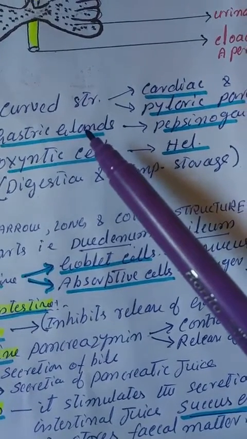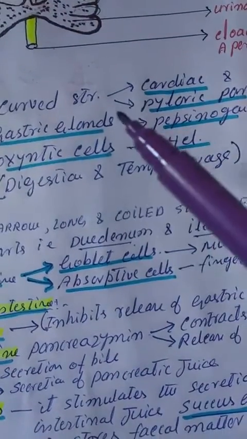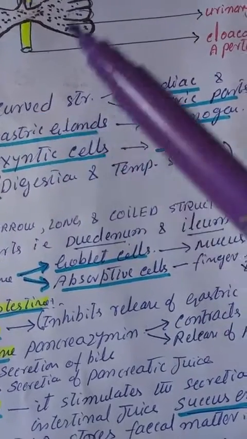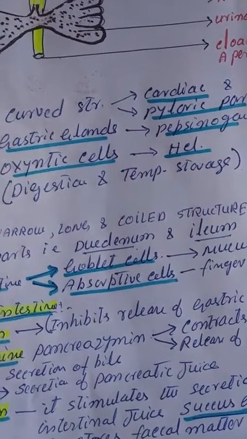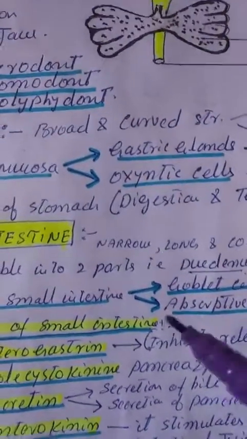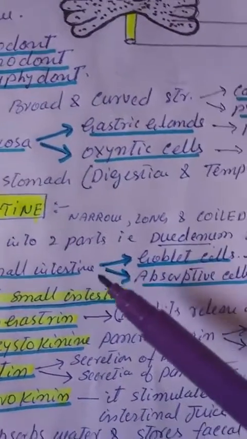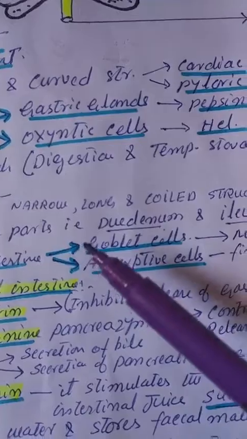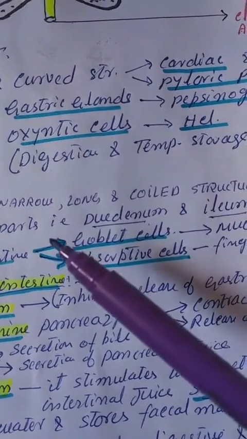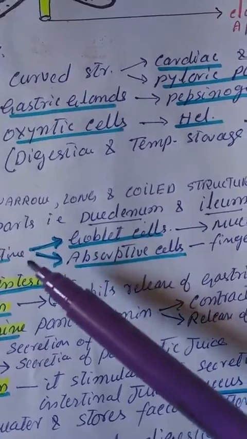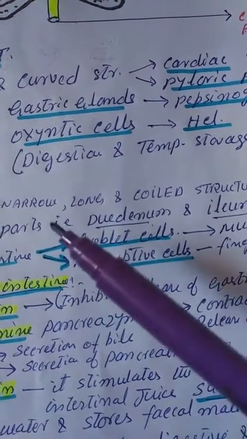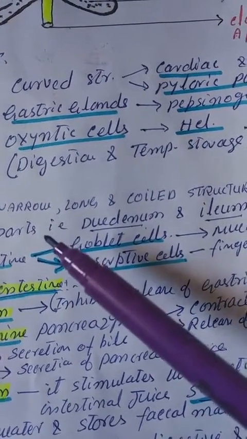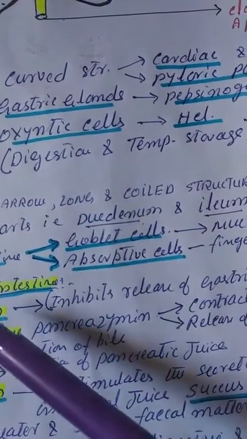There is a valve between the pyloric region of the stomach and the intestine, which controls the flow of digested food from the stomach into the intestine. During digestion, pepsinogen, an inactive enzyme, is activated by hydrochloric acid and converted into the active enzyme pepsin. This pepsin then acts upon proteins and breaks them down into peptones and amino acids.